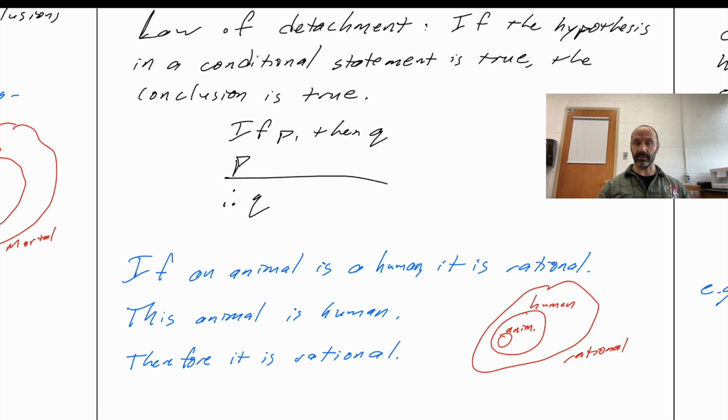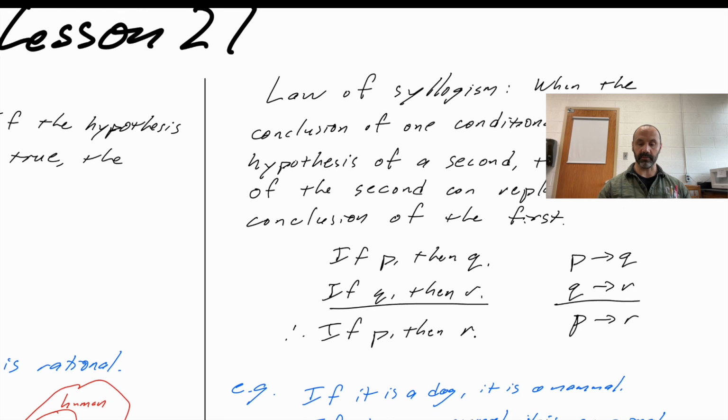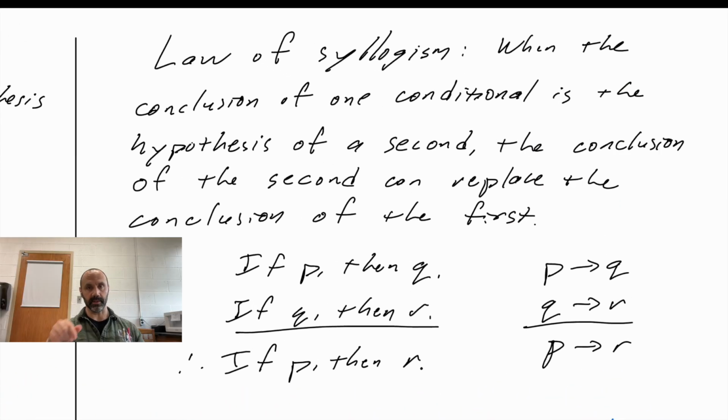Before, we only looked at conditional statements: if P then Q. Now we're putting them together in an argument, making several statements together and knowing that the conclusion is true. Another is the law of syllogism. This is when we put two conditionals together, like if P then Q, if Q then R. Then we can say if P then R. In other words, the conclusion of one conditional is the hypothesis of a second.